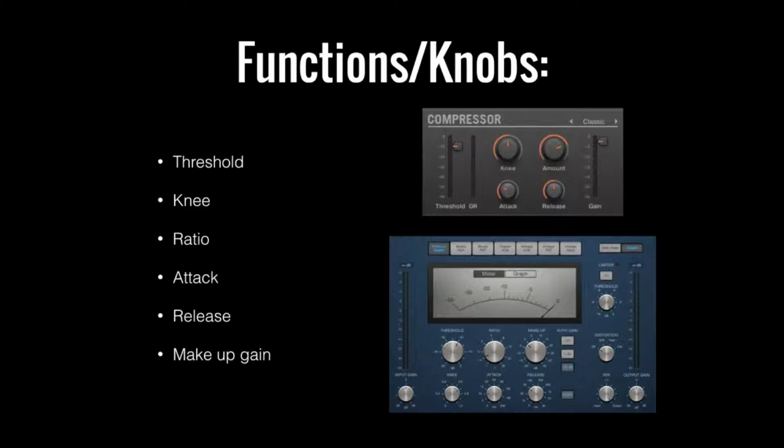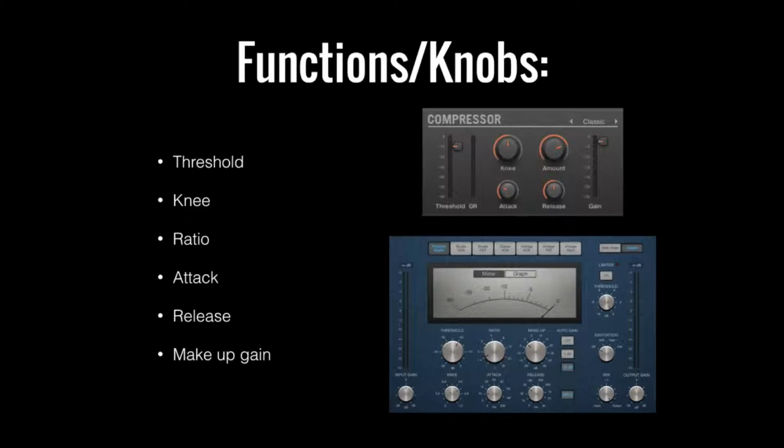All the compressors look different. This is a compressor from the Maschine software, Native Instruments, and the one underneath is one from Logic Pro X. But they all have the same knobs and the same functions.